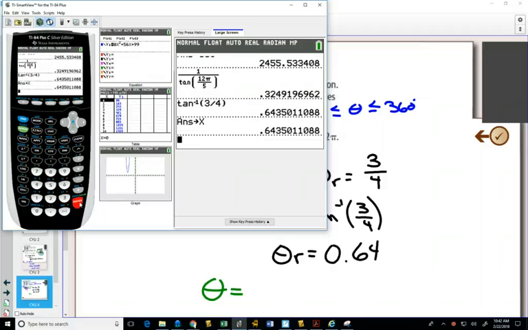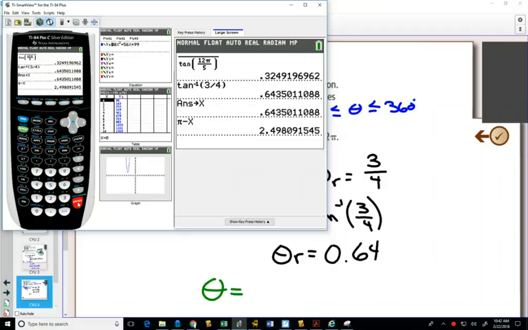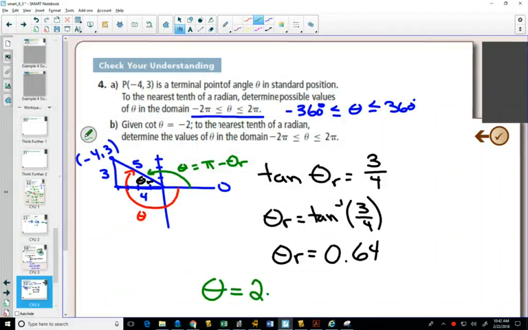And that's nice because now I can go pi minus x instead of having to retype that. Now, some of you might have used the answer button, which also works really nice in this case, but I know that I'm going to want to use it more than once, so I like using the store button. So my green angle is 2.498, which to the nearest tenth is 2.5.